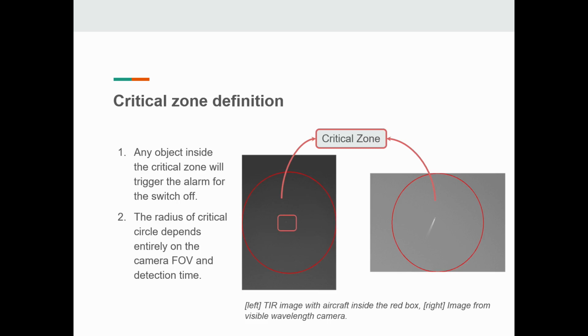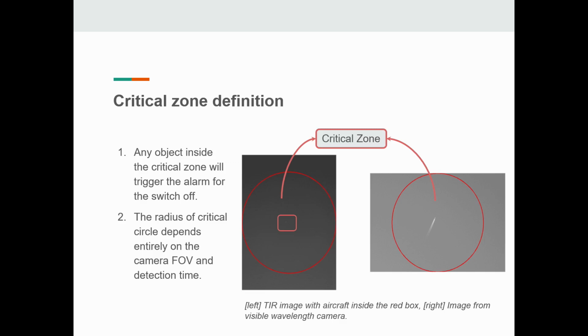Also, when you are doing real-time operations, we don't want our laser to switch off for anything detected near the edges of the image. So we define a critical circle, and any object detected within the circle will trigger the alarm to switch off the laser. If it is outside the circle, of course, there is no need to worry about it.